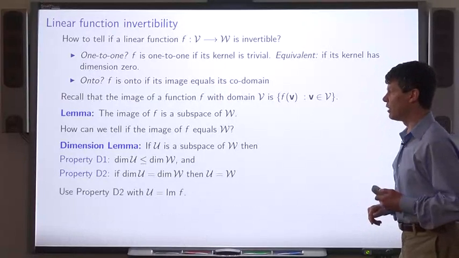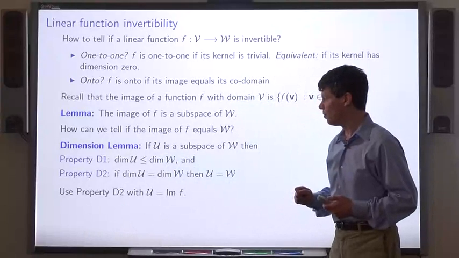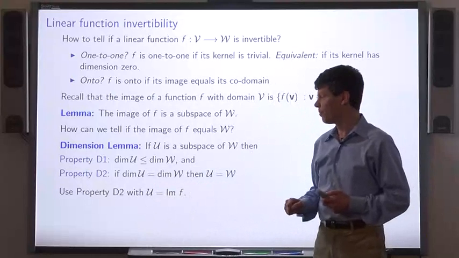Now let's see how we can use it. We'll apply this second property, property D2, with big U being the image of f.